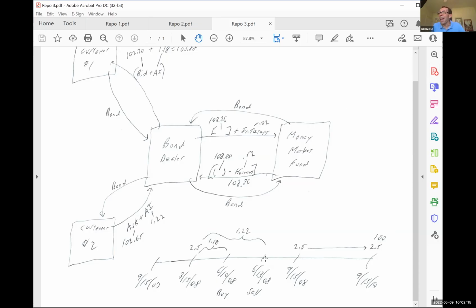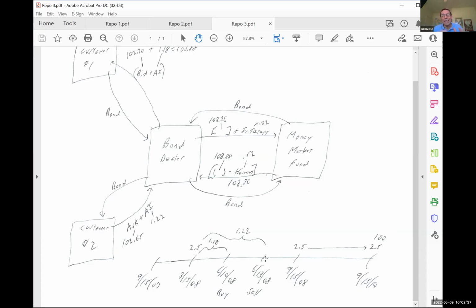Being a bond dealer does not absolutely positively guarantee you'll make money. And bond dealers actually want to, as much as possible, churn these bonds over. As soon as they get them, they want to resell them. They don't want to hold the bonds for a long period of time because it exposes them to risk. Now, if they believe that the value of the bond is going to be going up, then maybe they will be willing to hold it.